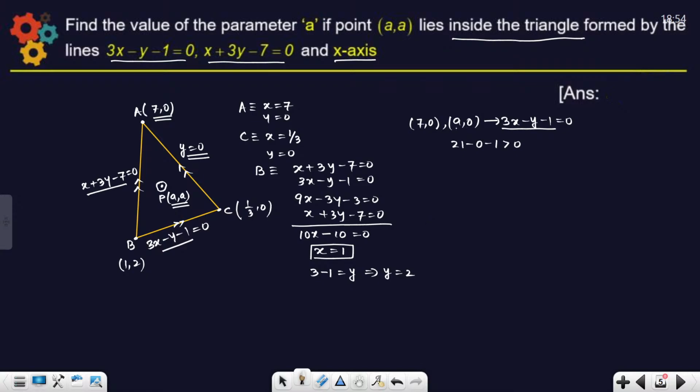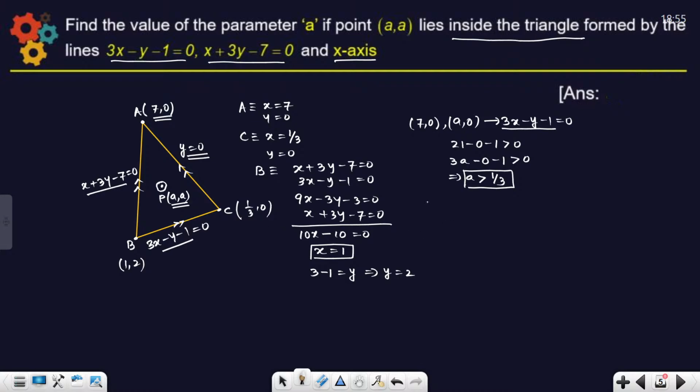So after putting (a, 0) over here, we are having 3a minus 0 minus 1. It has to be greater than 0. They are going to have the same sign. Why? Because the point A and point P are lying on the same side of the line BC. So from here we are getting a is greater than 1/3. Is it clear? a is greater than 1/3.